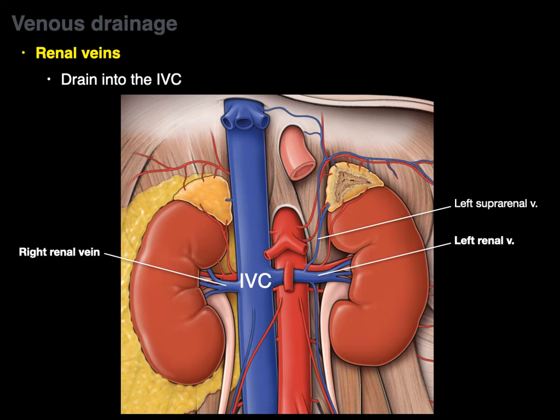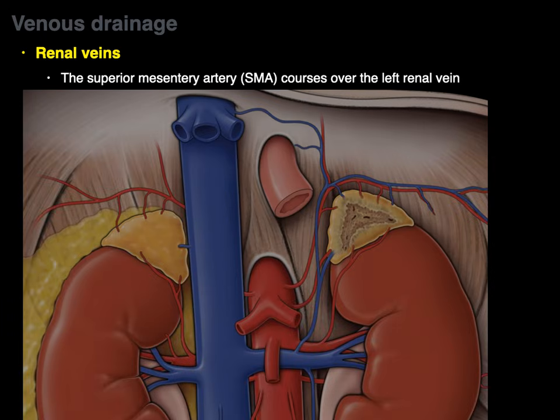And that left renal vein also has a couple of tributaries, like the left suprarenal vein draining the left adrenal gland, and the left gonadal vein draining the left gonad, as well as the superior mesenteric artery crosses over, or anterior to, that left renal vein. So the SMA crossing over the left renal vein. So if there's an aneurysm in the SMA or abdominal aorta in that region, it will constrict or squeeze off that left renal vein.